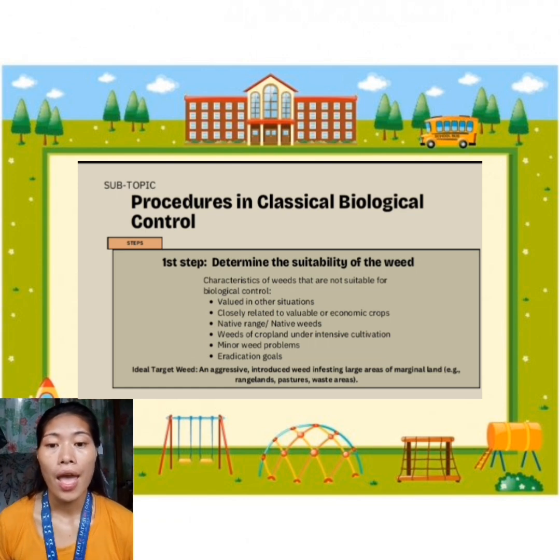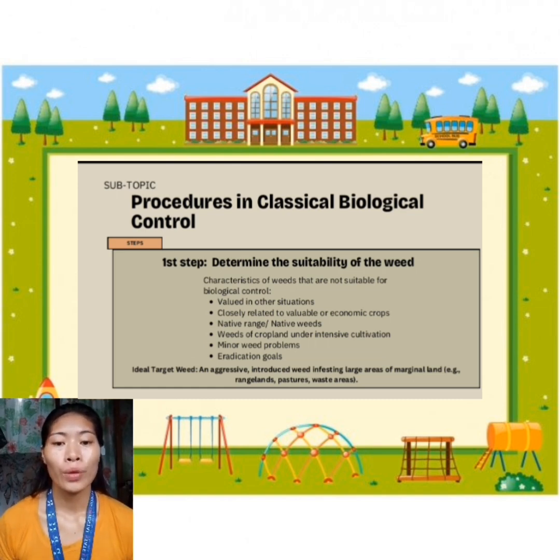Next is the eradication goals. If complete eradication is the goal, biological control may not be the most effective approach, as there are weeds that are poisonous, and it is not suitable for the biological control agents as it will harm the biological control agent.